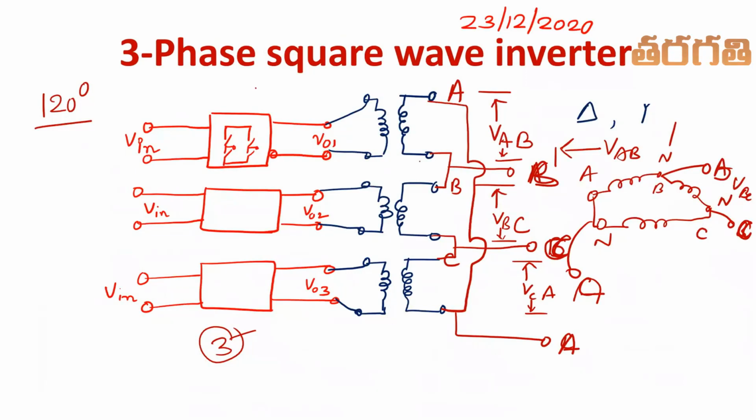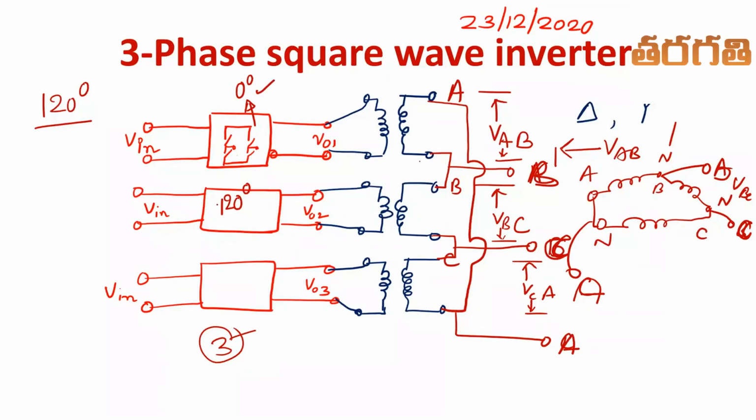So how do we achieve this? Here, we suppose that the trigger pulses for the switches present in this inverter are applied at 0 degrees. Then the trigger pulses to the second inverter are applied with an electrical displacement of 120 degrees with respect to this.